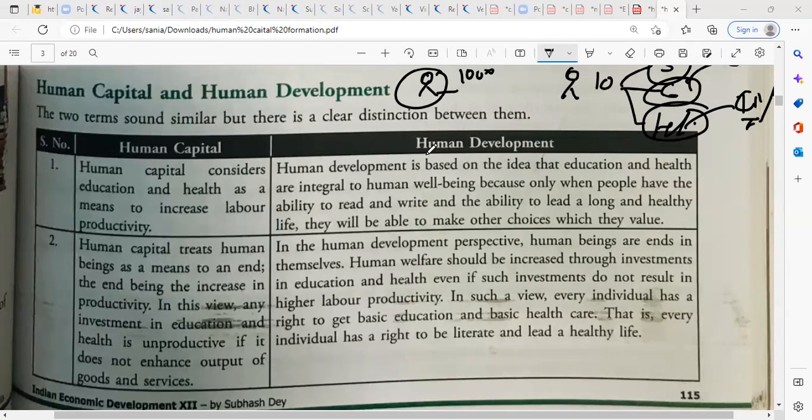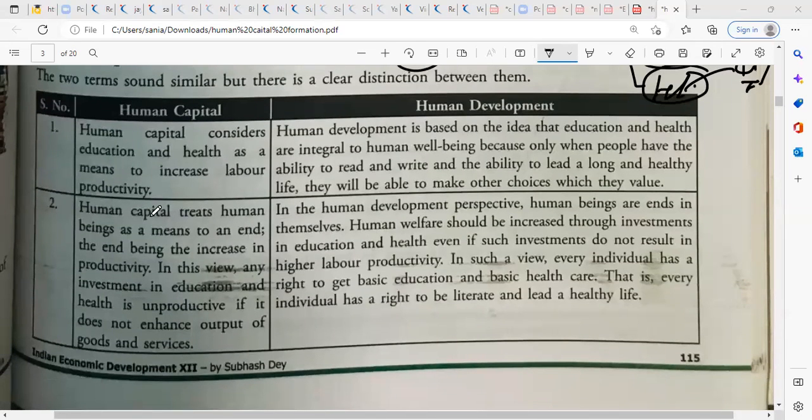This is human development. Human capital is you just educating them and improving their health so that they can be productive labor and earn. Human capital treats human beings as a means to an end, the end being an increase in productivity.